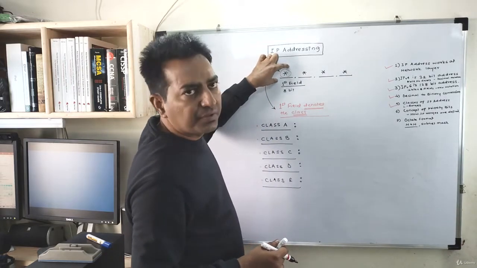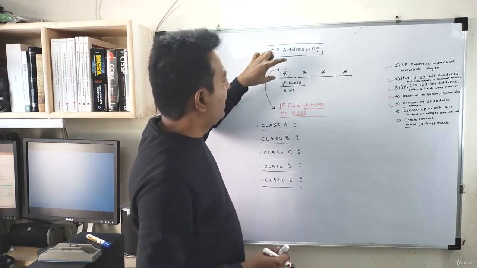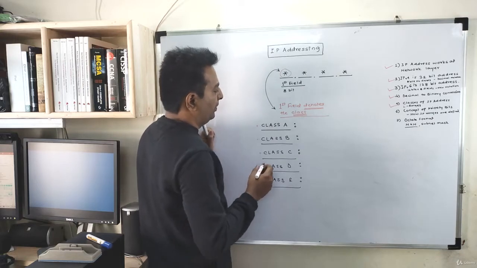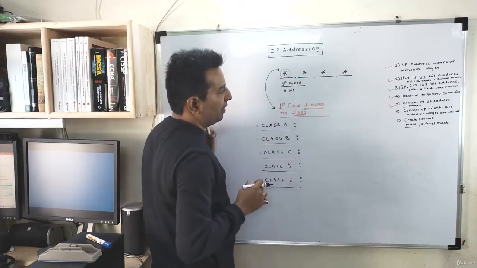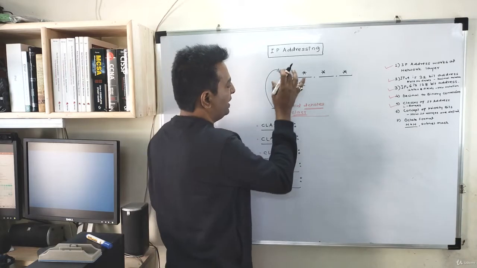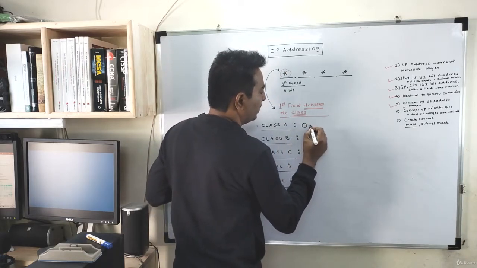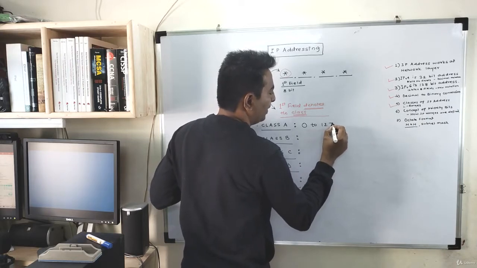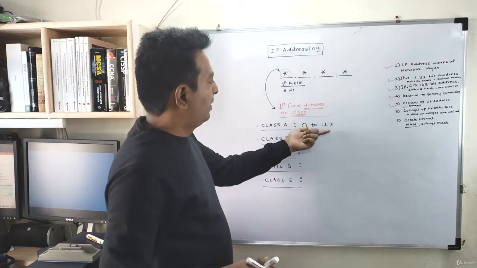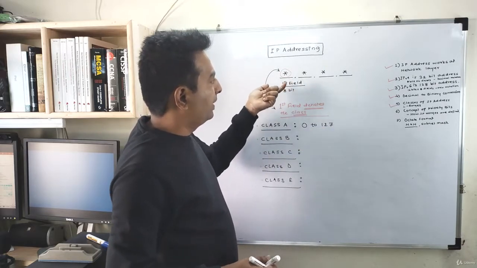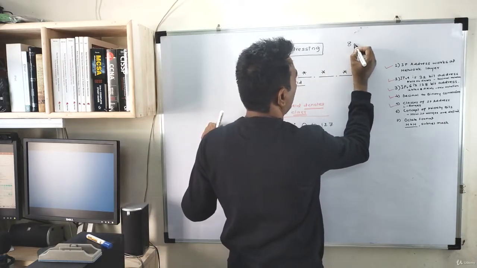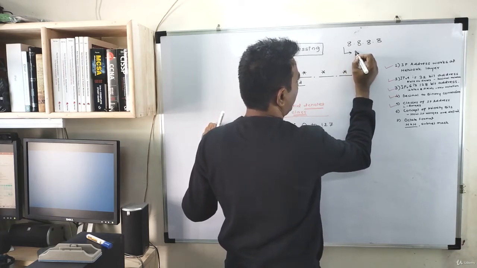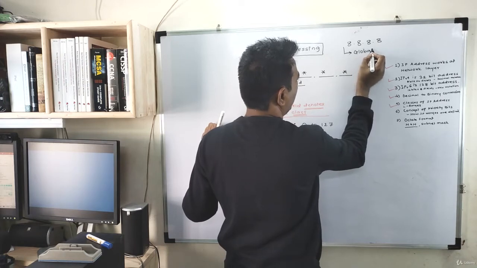Now look at the first field of the IP address. Consider this is the first field, and you see a number between 0 to 127. For example, 8.8.8.8. You must know this address; it is the global DNS address.